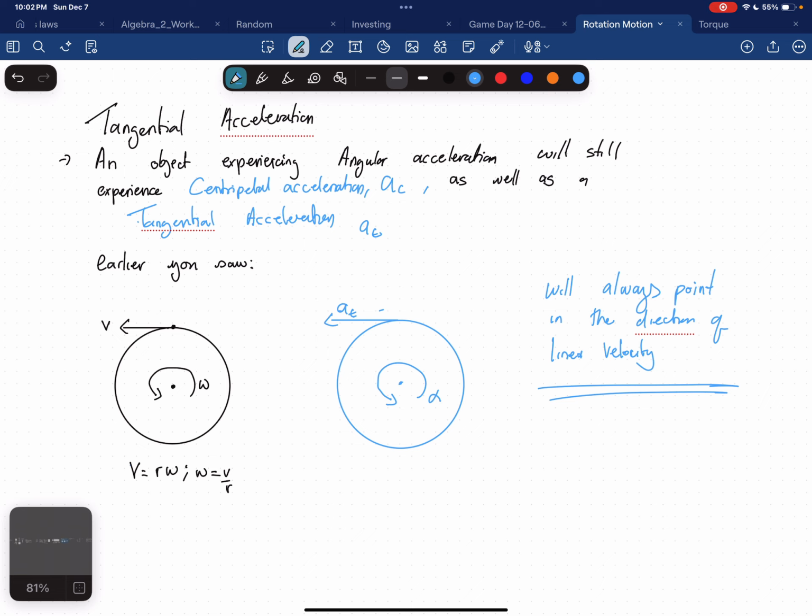And the tangential acceleration here, in this case, we are moving in non-uniform circular motion. All right, so because we're doing that, we have a tangential acceleration. This one points in the same direction as the linear velocity, and we also have an angular acceleration. Right, this is just how fast the wheel is rotating. Those three different things are still all present.